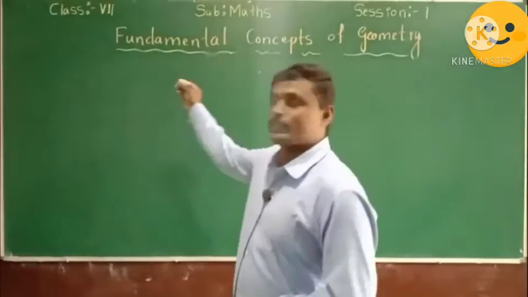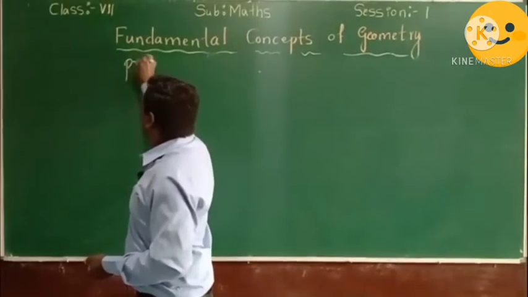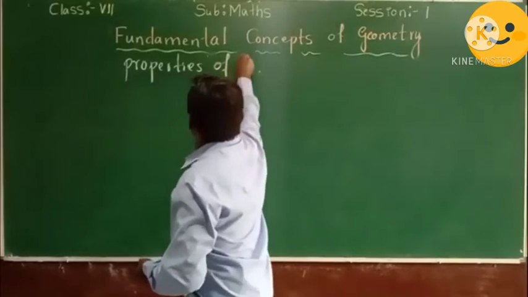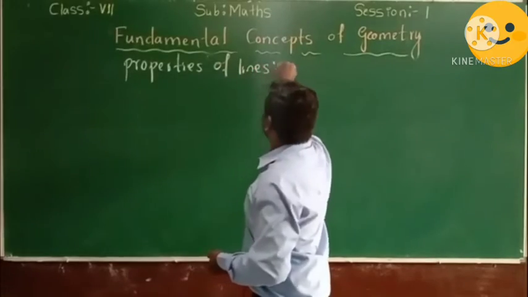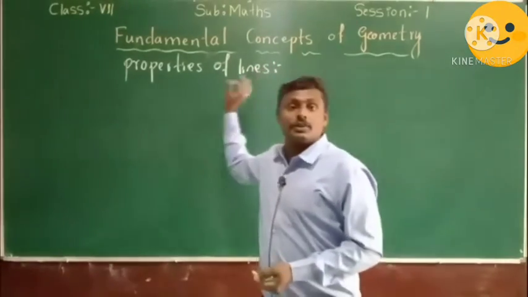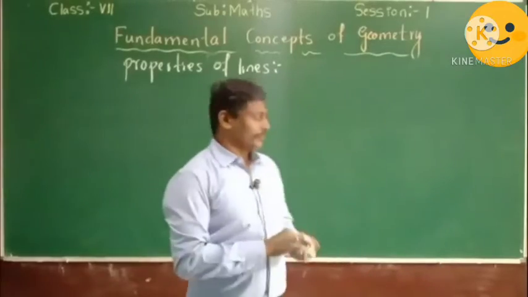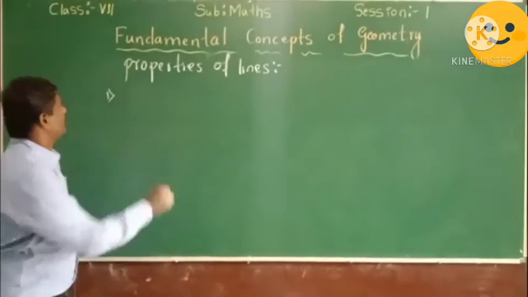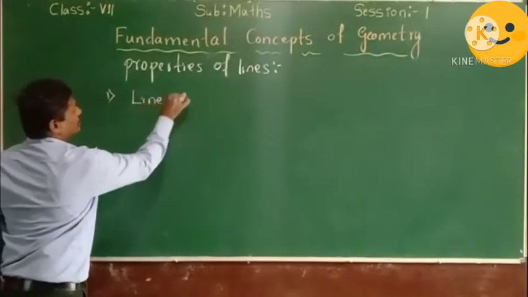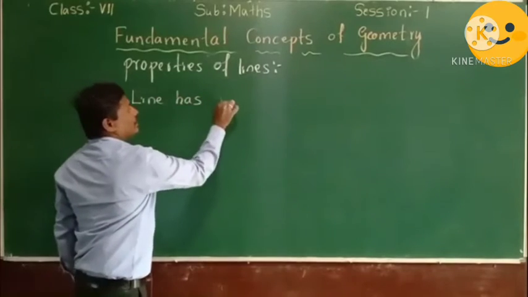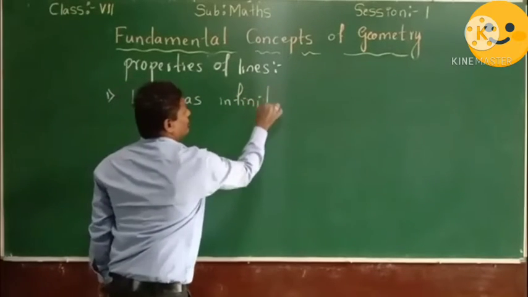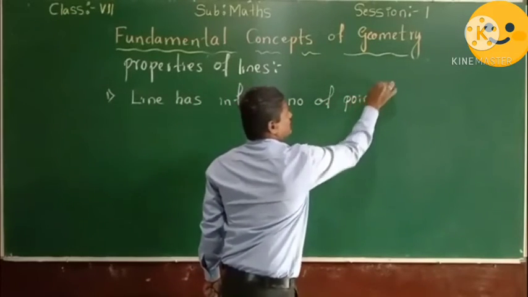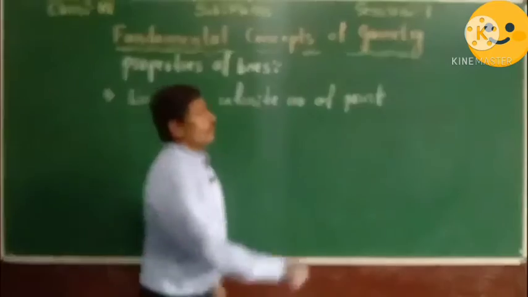Let's come to the next topic, that is properties of line. And these properties are universal truths. Clear? The first property related to line: a line has infinite number of points.